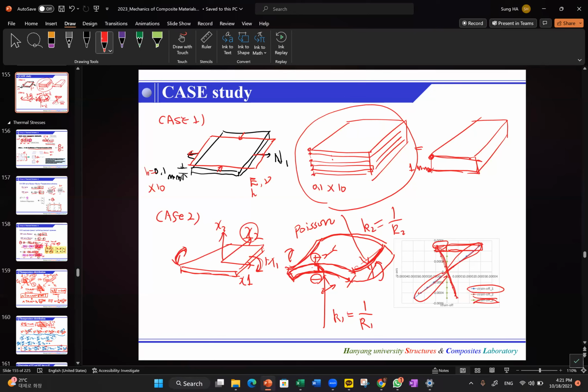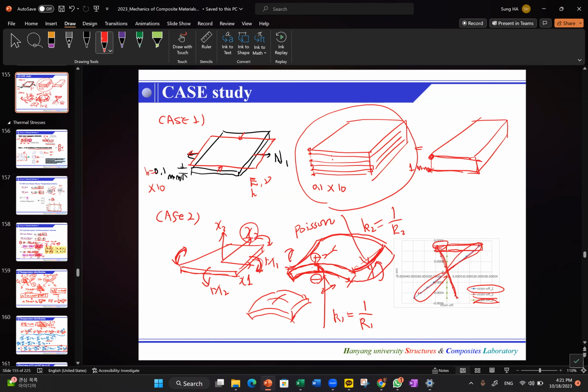And what if we apply moment 2, same direction? I'm sure the deformation will be like this, and like this. Okay, this is the deformation. If we apply moment 1 and moment 2 downward, then this deformation will be like this.